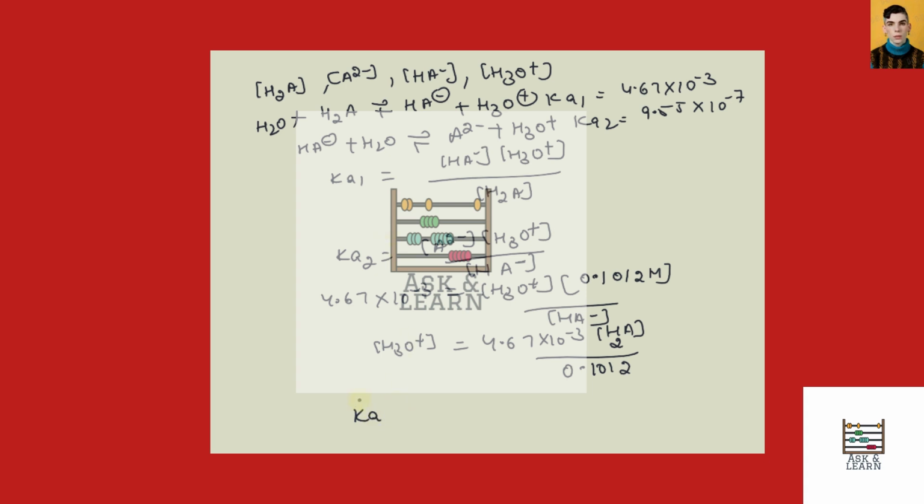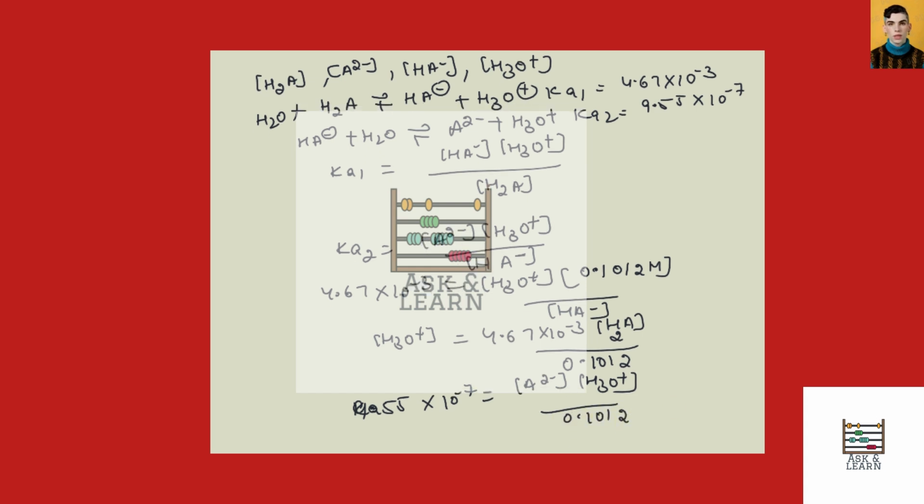Now for the Ka2 value, 9.55 into 10 raised to power minus 7 equals A2 negative into H3O positive upon 0.1012 molar, substituting the concentration over here.